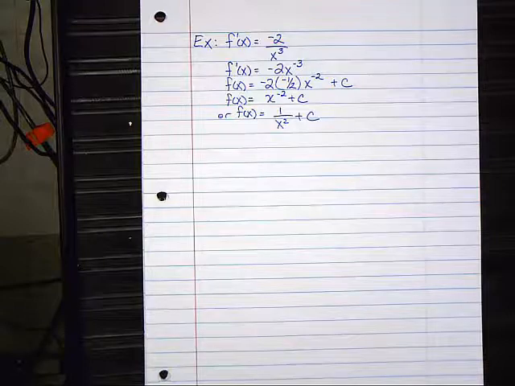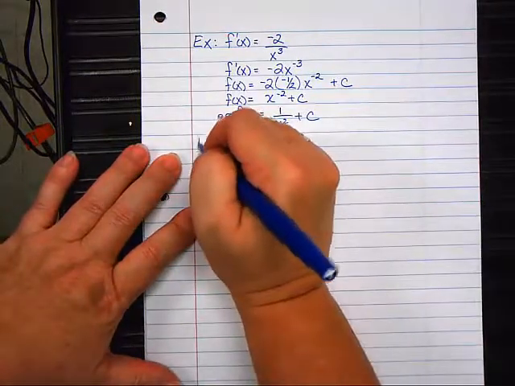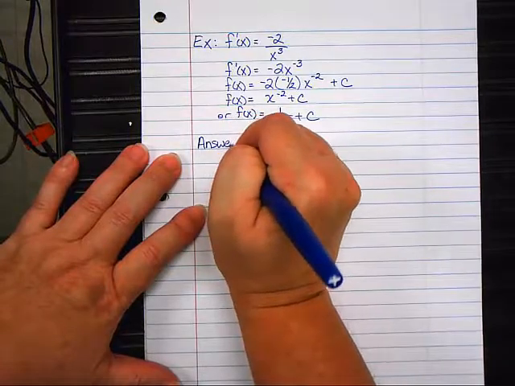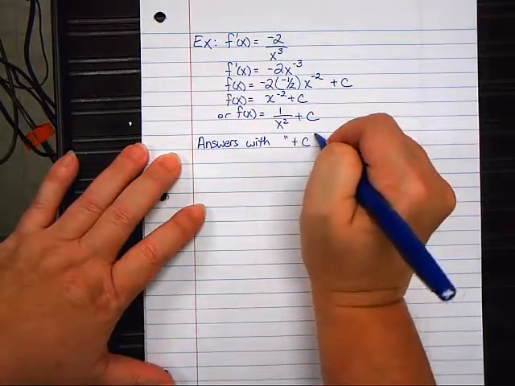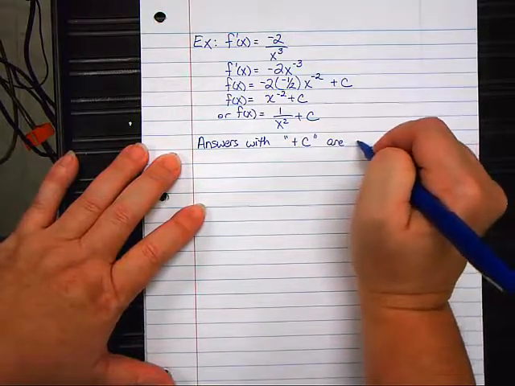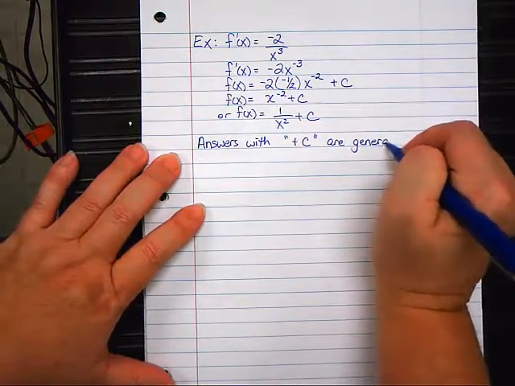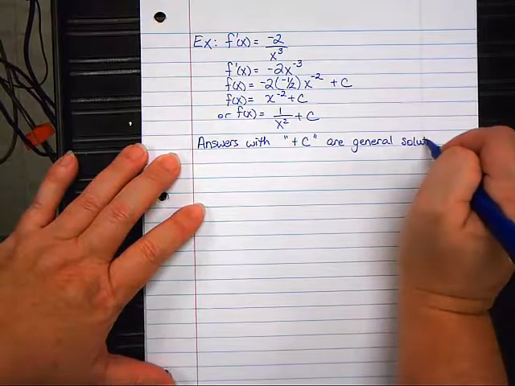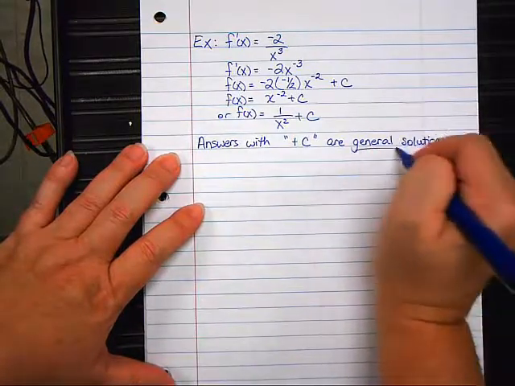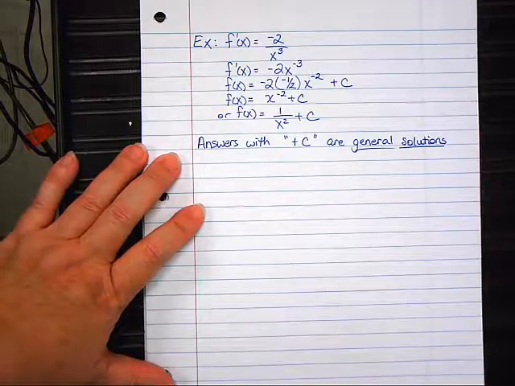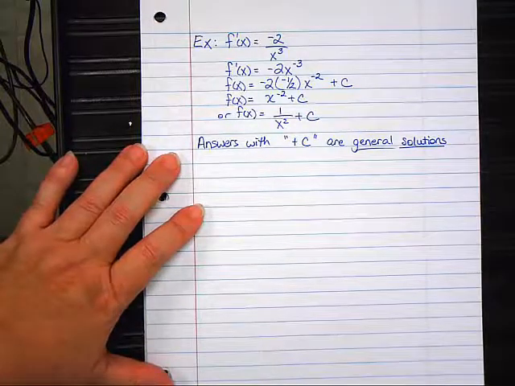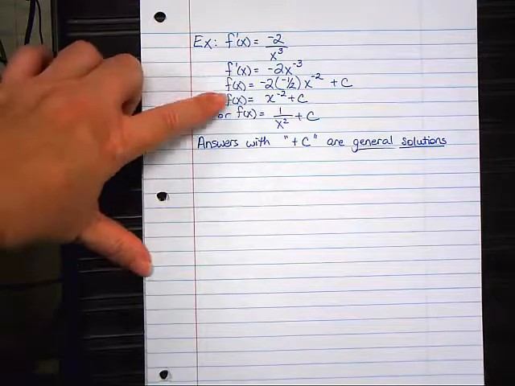Are we good? Okay. I need to tell you something that I'm going to write down here. Answers with a plus C are called general solutions. There are two kinds of solutions to antiderivatives, general solutions and particular solutions. Because this is actually a whole family of functions.